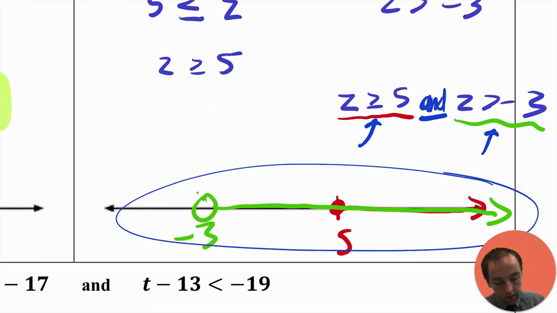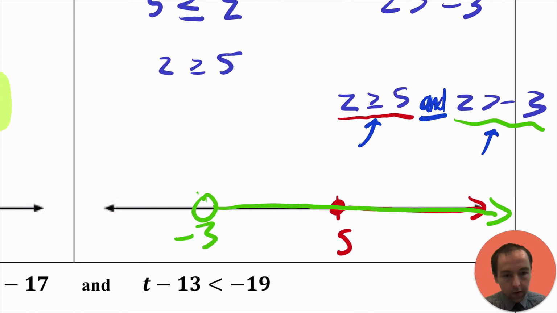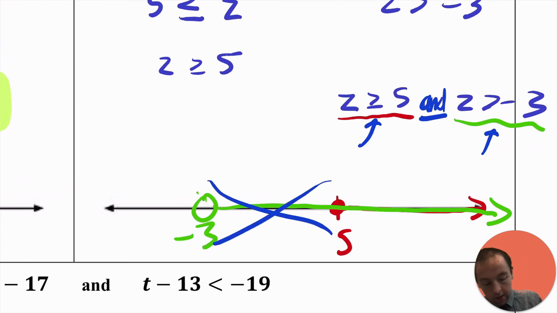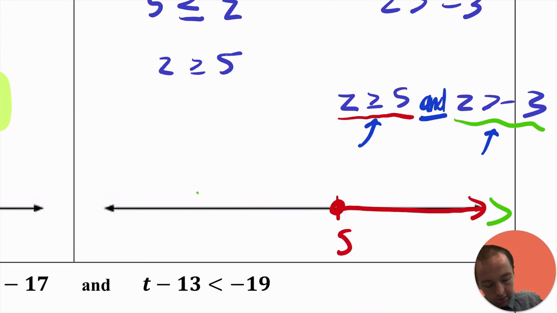So if you look at this graph right here, the only place you're going to get the red statement and the green statement to be true at the same time is where they're intersecting with one another, which will not be there at all because you're not going to get the red statement to be true there at all. So the only place where you're really going to get this statement to be true is just in the red area, and that's where some of the green area was as well.